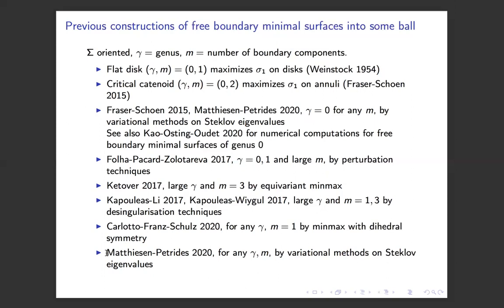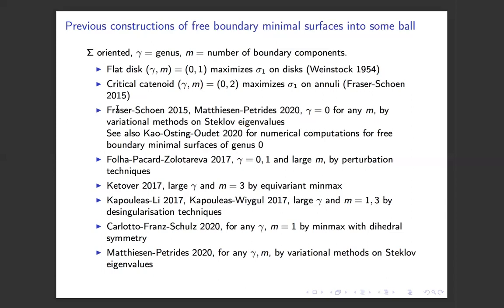So the new result I'm going to talk about is a result with Henrik Matthiesen. We are able to prove by variational methods on Steklov eigenvalues that there are free boundary minimal surfaces for any finite topology. So we lose that the target manifold is a 3-dimensional manifold.